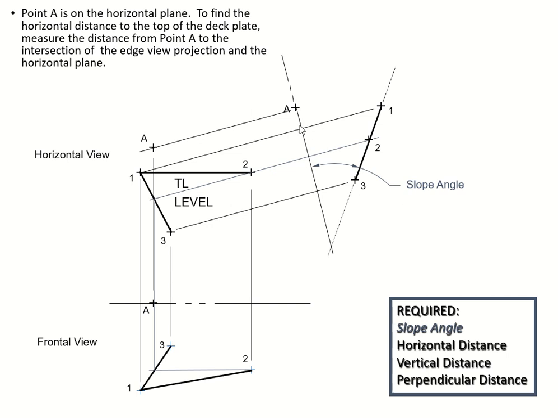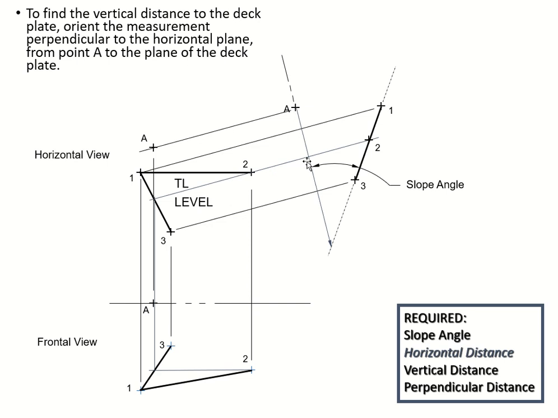This is your point A. Measure the distance from point A to the intersection of the edge view. This is your edge view, okay? Extend it so you can find the intersection. So if you draw it, we get that, okay? So that's your horizontal distance.